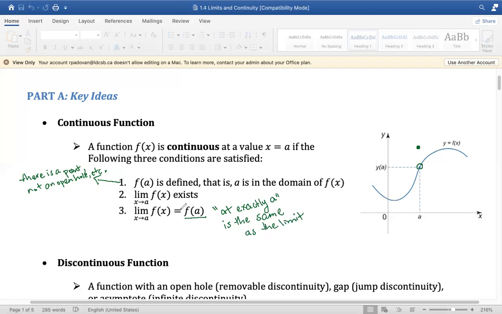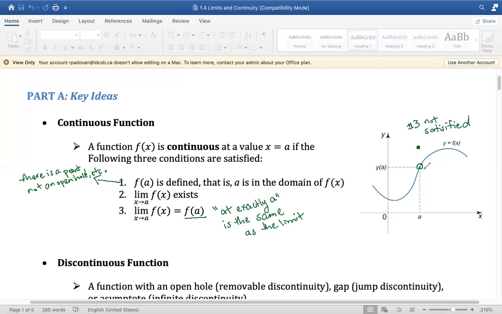I would have two different y values and they would not equal each other. In this case, number three would not be satisfied, so that would not be a continuous function.